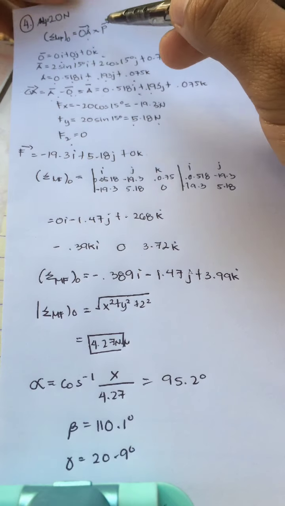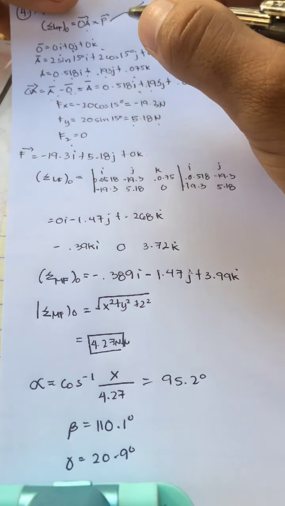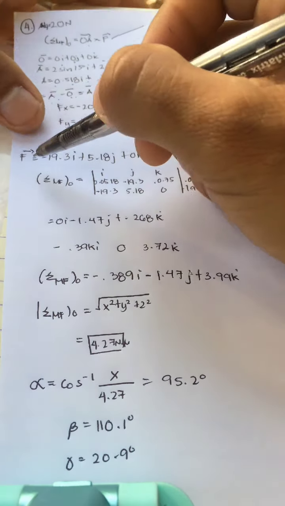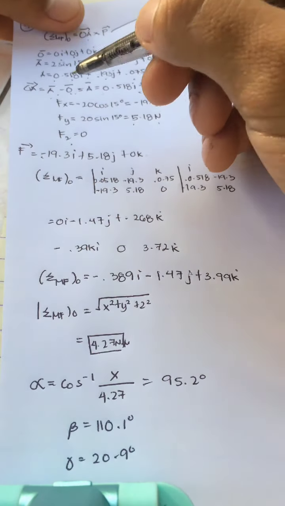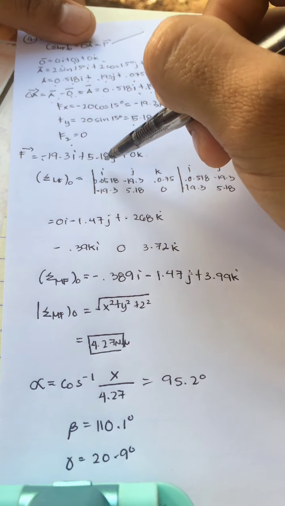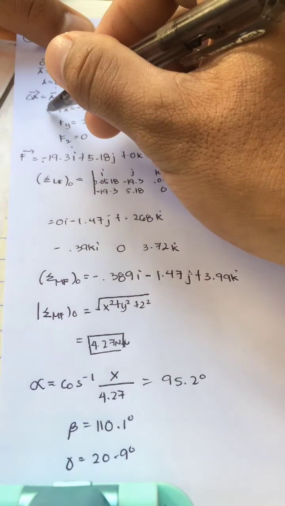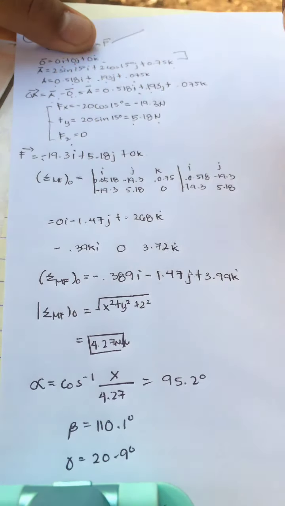Then next is getting the F vector. So the F vector is equal to negative 19.3i plus 5.18j plus 0k. So these are the three components.